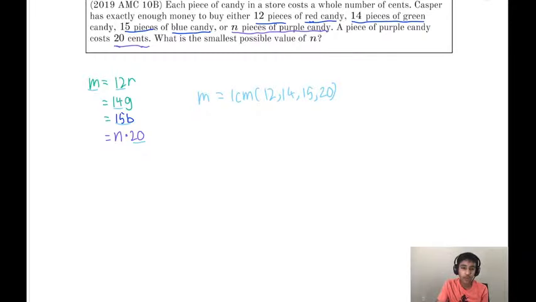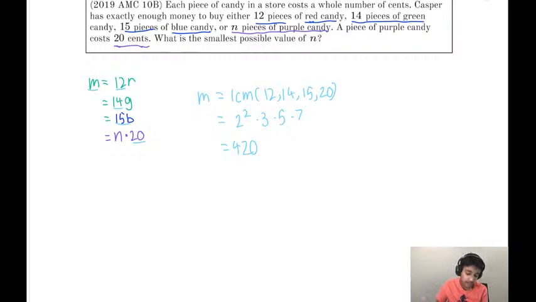So what we can see here is that this is just going to be equal to, we have two factors of 2, 2 squared. We have a factor of 3, a factor of 5, and a factor of 7, which is 420. So M will have to be at least 420, because it has to be a multiple of all these different constants here.